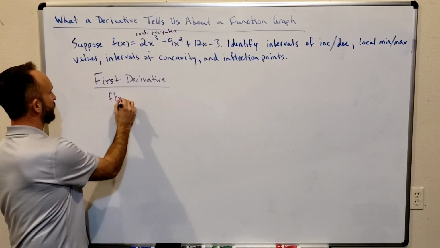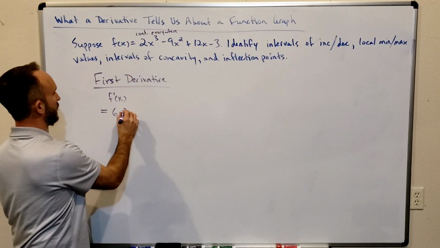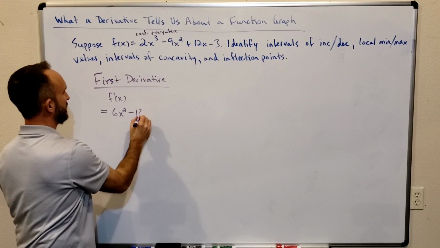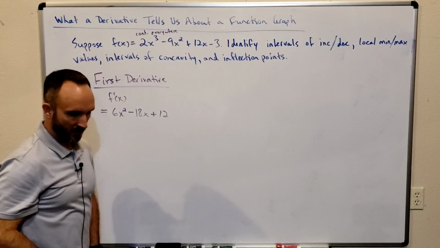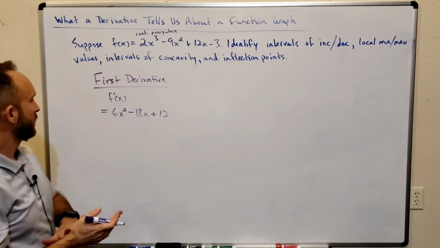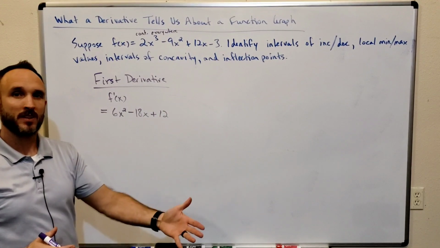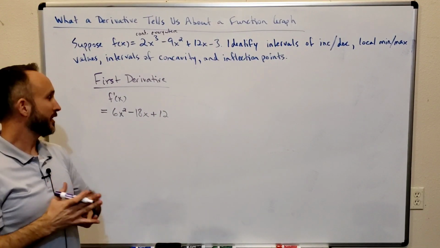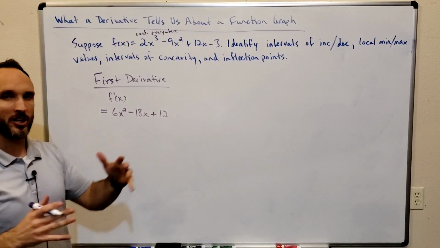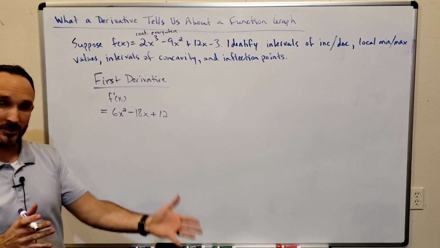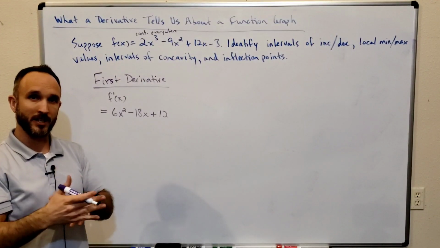is f prime of x equals 6x squared minus 18x plus 12. And if I want to know where the first derivative is positive and negative, because of the intermediate value theorem with this nice continuous function, it would be a good idea to figure out where the first derivative equals 0, because at any other place where it doesn't equal 0, it's going to be positive or negative.